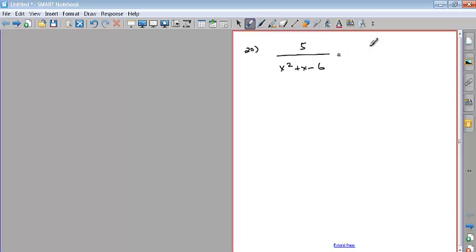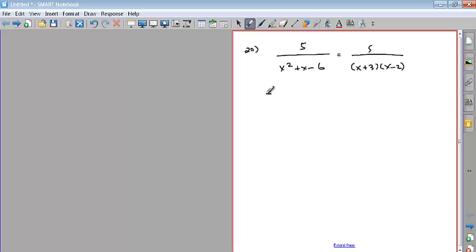So if we were to factor the denominator, you'd have x plus 3 and x minus 2. What numbers multiplied together give you 6? 2 and 3, 1 and 6. The difference between the two, or the sum of them, in this case it's going to be the difference. And we use plus 3 because that'll give us a plus x here.